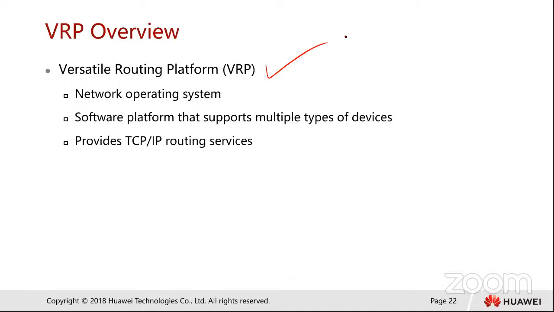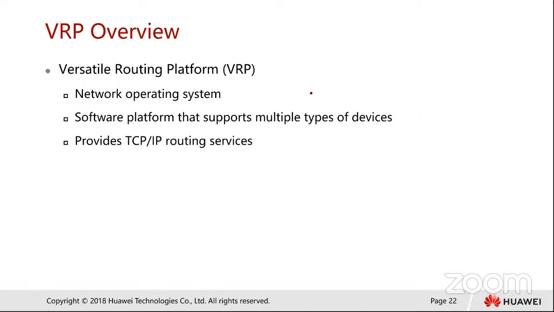It also provides a unified user and management interface, where you put in commands to control and implement control plane functionality, performing configurations and so on. So it's the network operating system for Huawei's devices, and the software platform that supports multiple types of devices and also provides TCP/IP routing services.